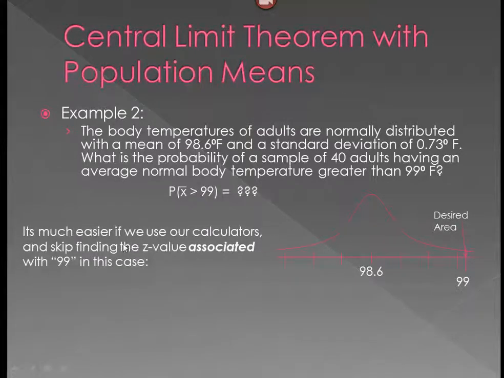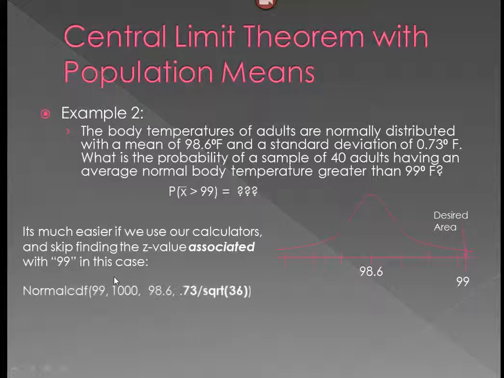We really don't have to find the z-value that's associated with 99 in order to calculate the area. On the previous slide, we did simply to get an idea of how many standard deviations we are away from the mean, and we can always do that. But our calculators don't require us to change 99 into a z-value.